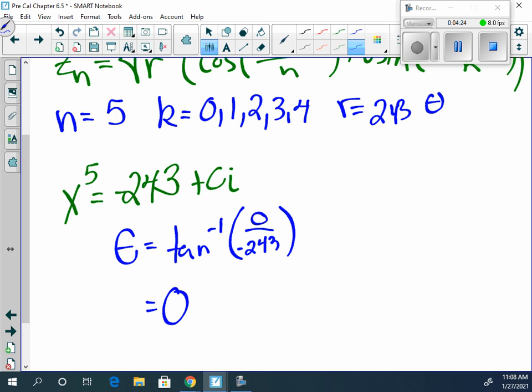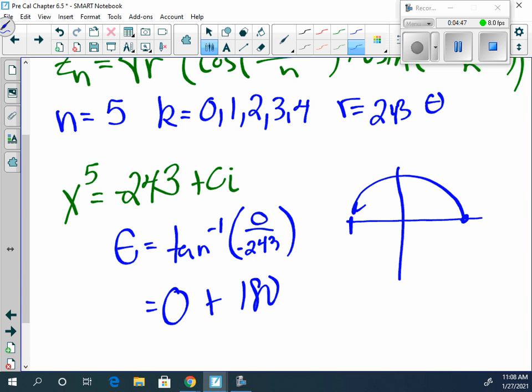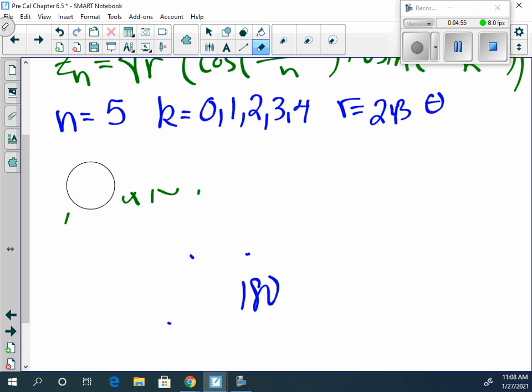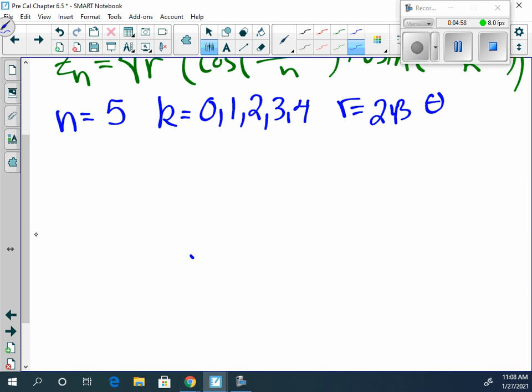But since it's negative, we're actually over between 2 and 3. So we have to add what to it? 360 or 180. Pi or 180. Because on a normal quadrant, 0 degrees is over here, but our negative value is over here, so we have to add pi or 180 to it. Questions on this here? We'll do this one in degrees, so we can see it both ways. So here, our theta is 180.